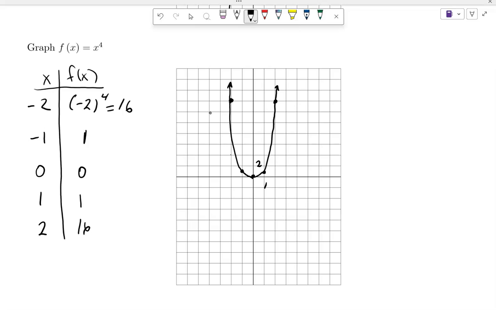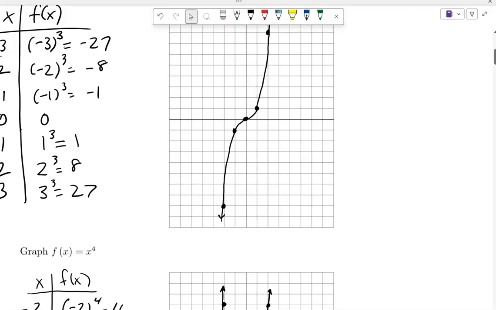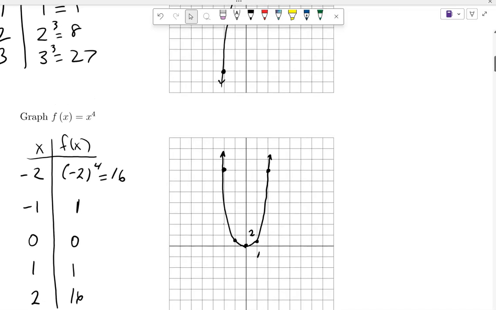Right now we're more interested in what the shape looks like. All right, so again, going back to the previous one, notice that the previous one went lower left to upper right, and notice that their power was a 3, right? This one, what happened? It made a U shape. Our power was a 4. Okay, let's think about why it's doing that.